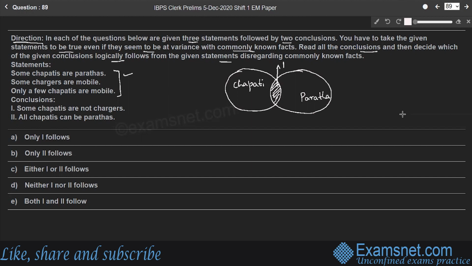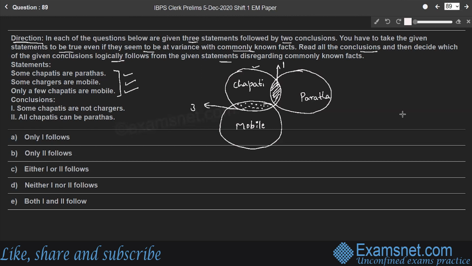Second statement, some chargers are mobile. Before going to the second statement, I'll consider the third one. Only a few chapatis are mobile. Here is the set of chapati and another set of mobile. And the common portion represents only a few chapatis are mobile. Right? So this is the third statement.